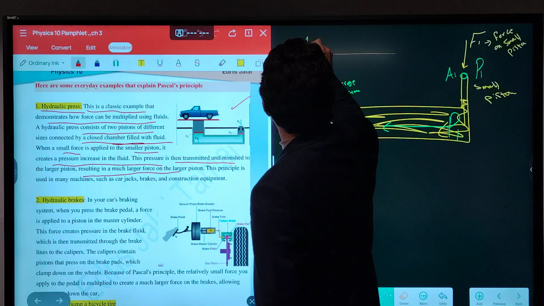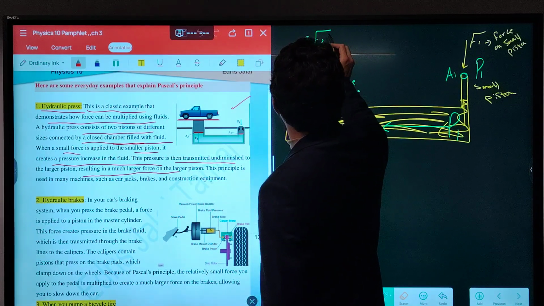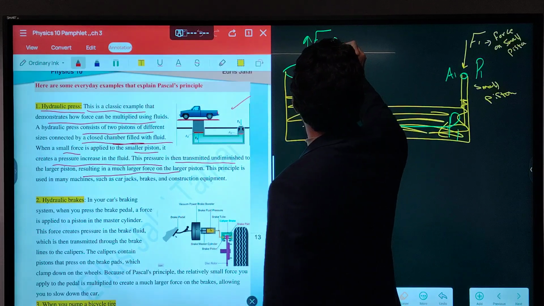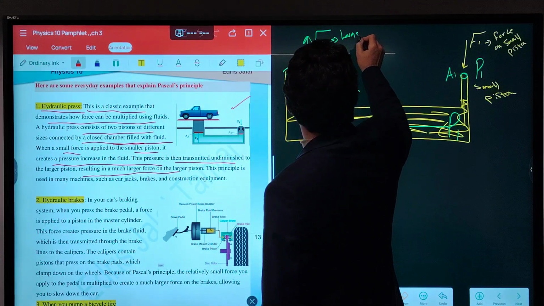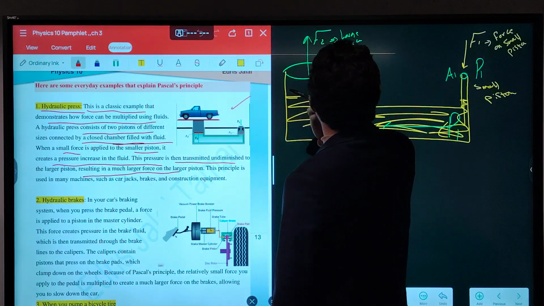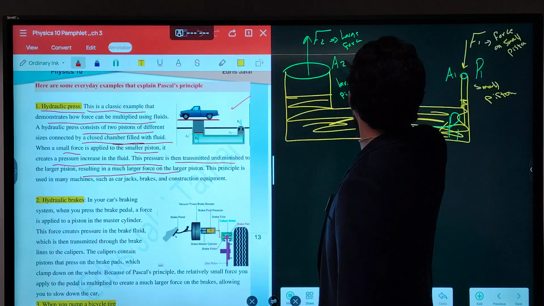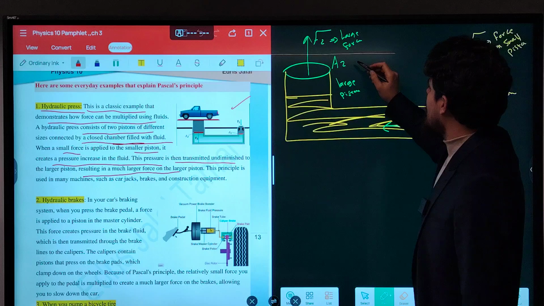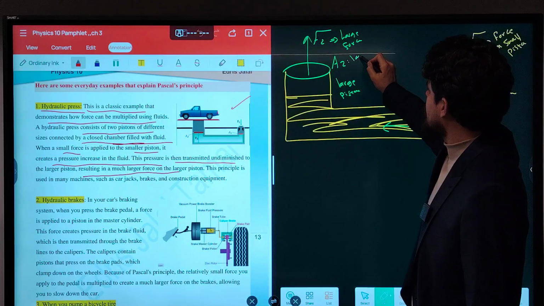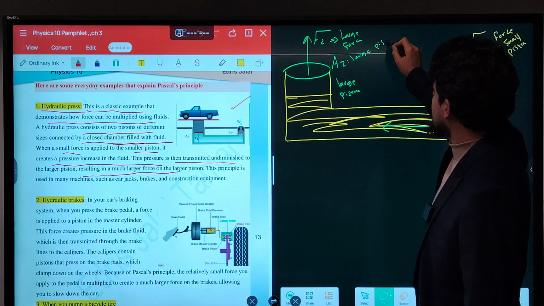So the large force is produced here, F2, a large force on a large area, exerted on A2. A2 is the large piston.